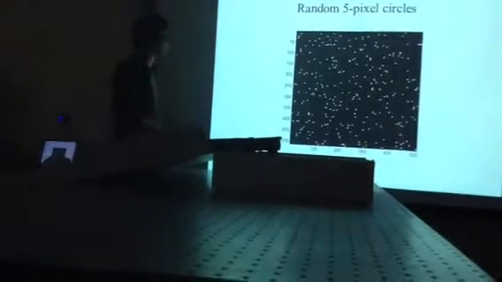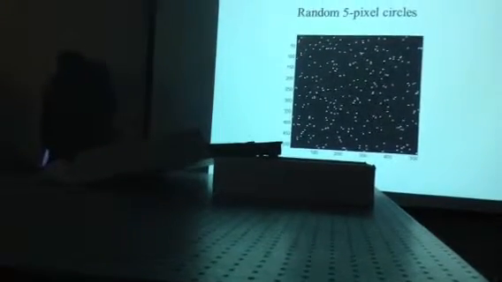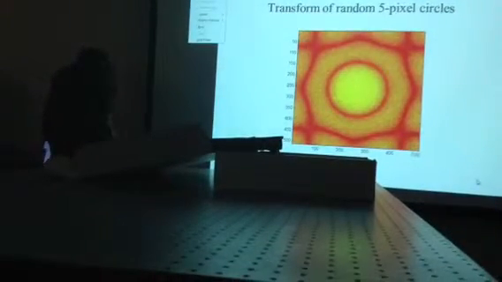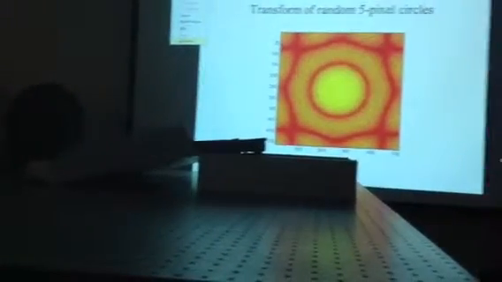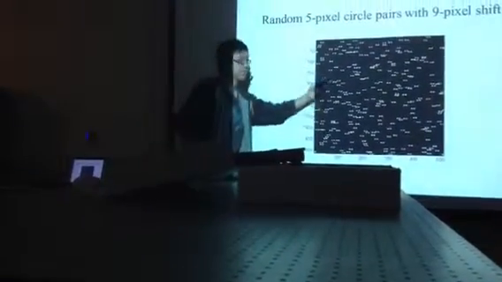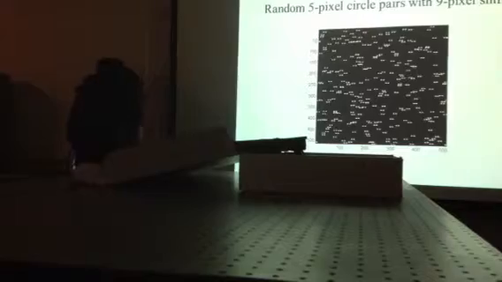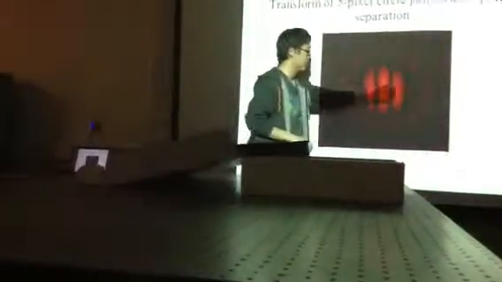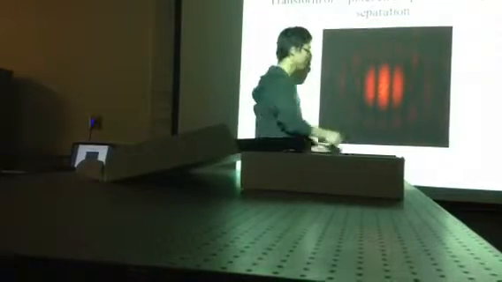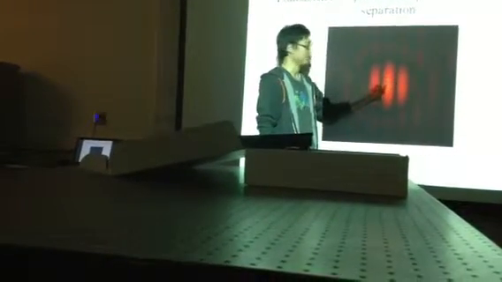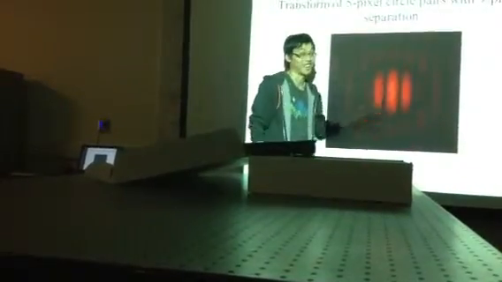So if they are random, yeah, the thing is they make it smaller. So it gets bigger now. It's bigger, but fuzzier. And if they are in pairs, then you can see pairs. Oh, crazy. It's like a double slit kind of thing. Multiple slits. You still have the same pattern, but something like that.